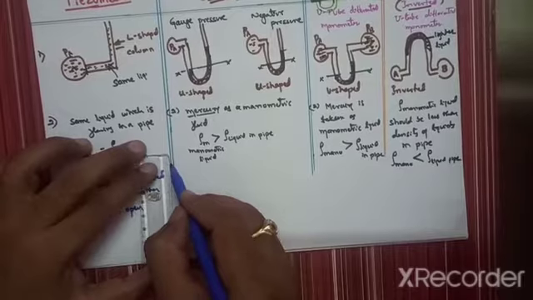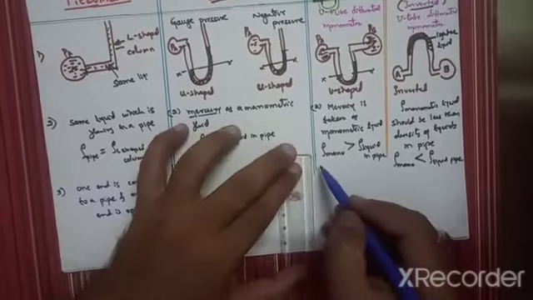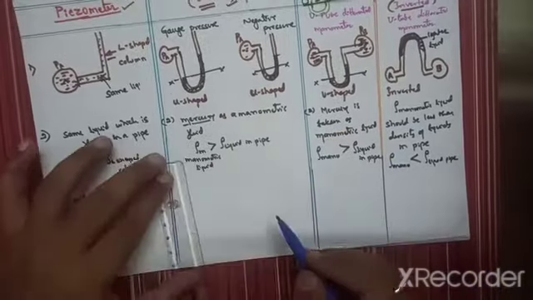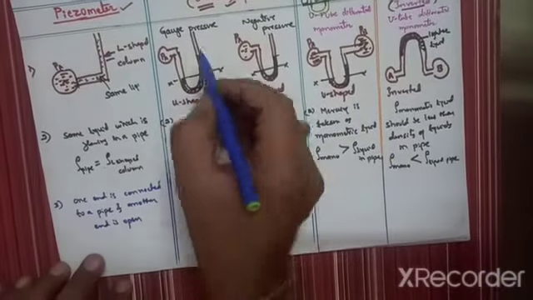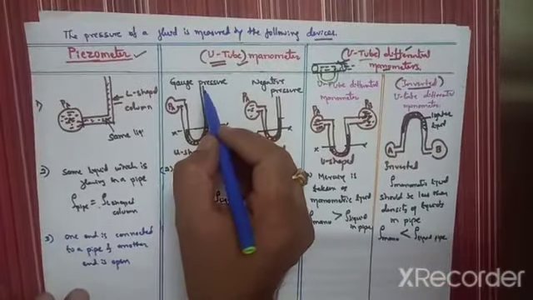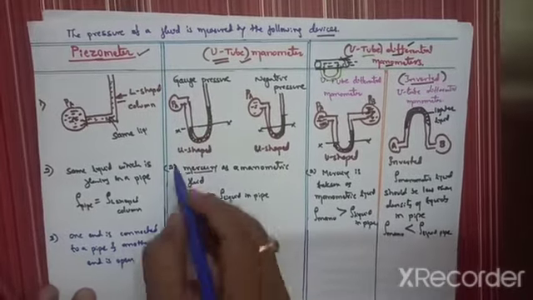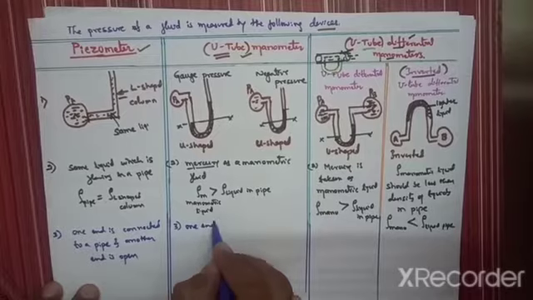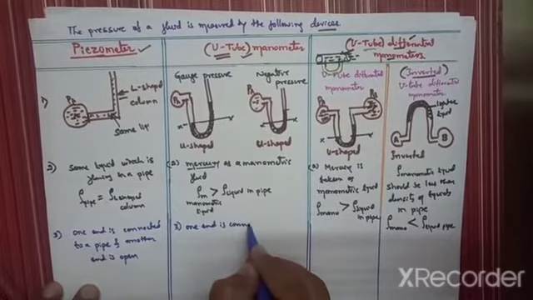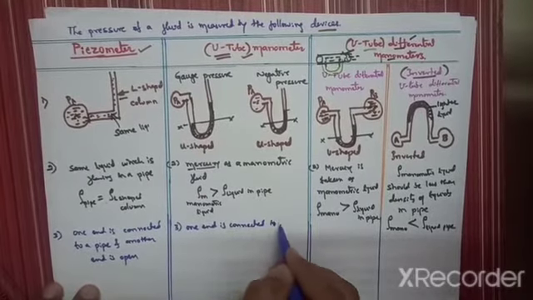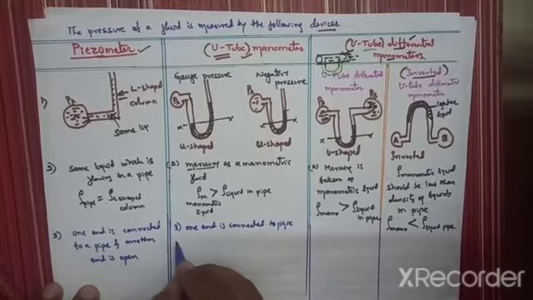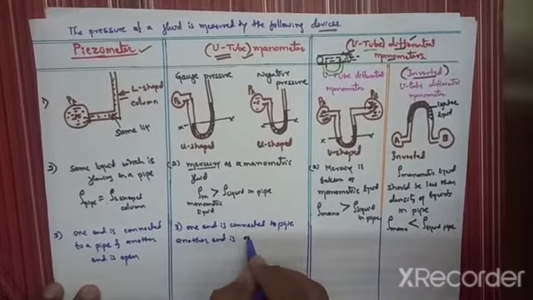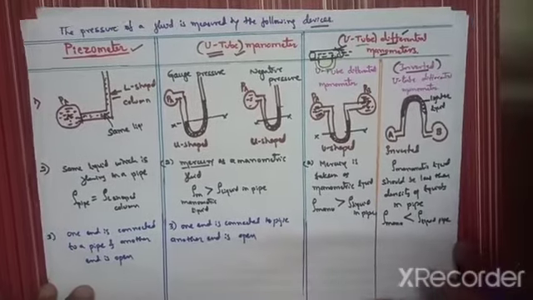Here I will take one vertical column line so it will become easy for writing. So in the U-tube manometer, one end is connected to the pipe and another end is open to the atmosphere.